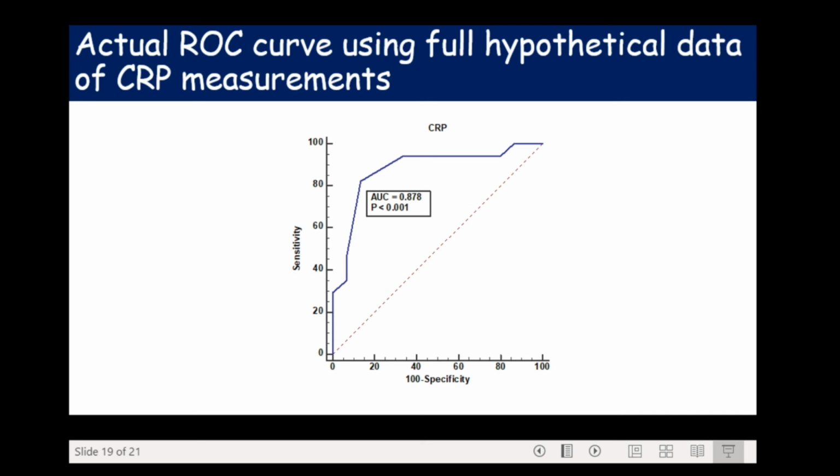The cutoff point that yields the most upper left point may be appropriate for clinical practice, presuming it is feasible and has been validated in preferably multiple independent samples. An area under curve of 1 represents a perfect test, whereas an area under curve of 0.5 represents an uninformative test.